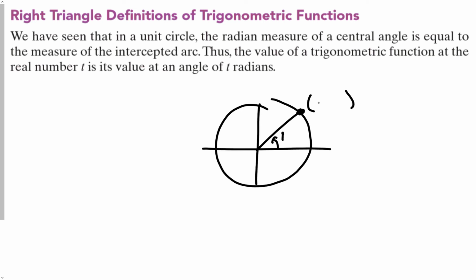This coordinate, an x and a y coordinate, represents a point on this circle, and then we have these special new trig functions, sines, cosines, and tangents, which give me one of these 2 coordinates. What we're going to do today is take this definition and make it in terms of a right triangle.